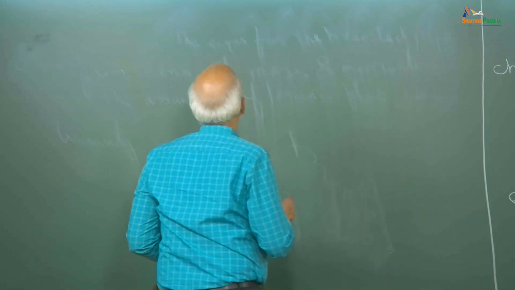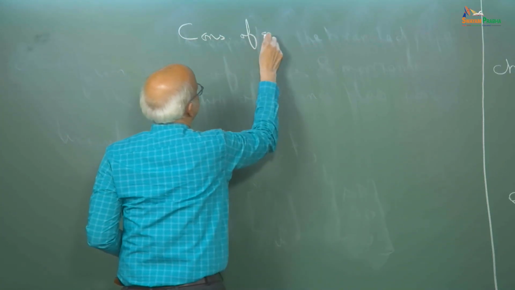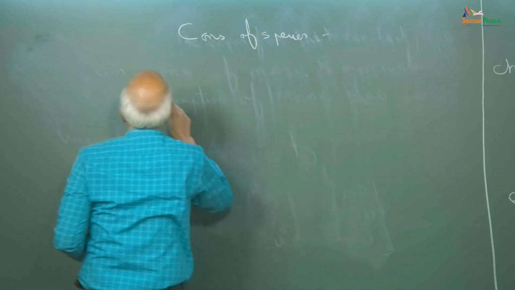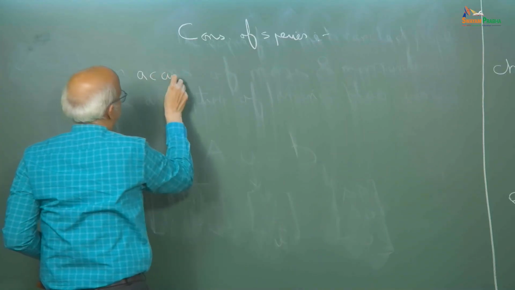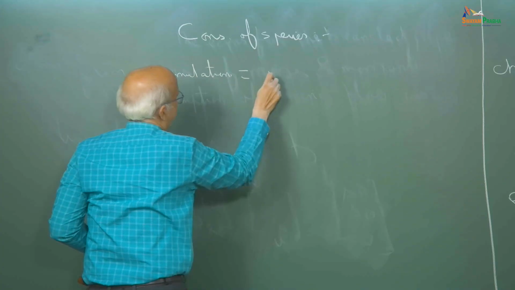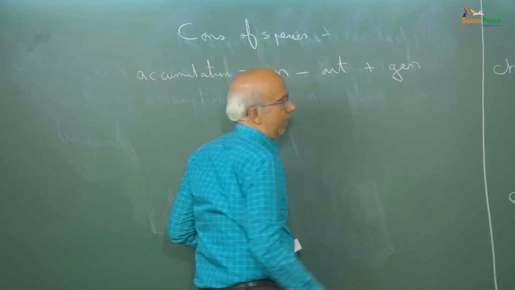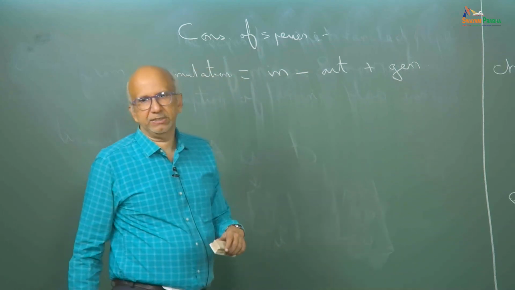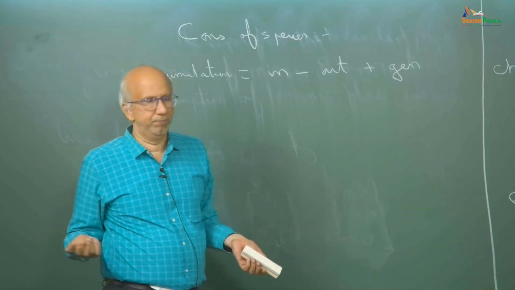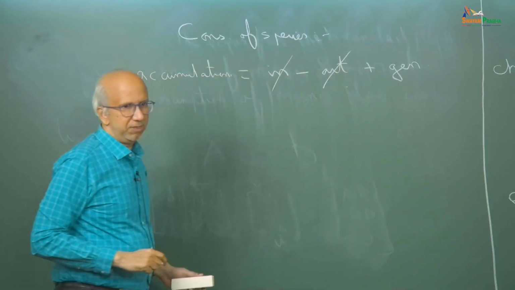So, again conservation of species has to be written, and if you realize this, you have this term: accumulation equals in minus out plus generation, and for the batch reactor nothing is coming in, nothing is going out, so in and out are 0, okay, and that goes off, and then you have only these two terms remaining.